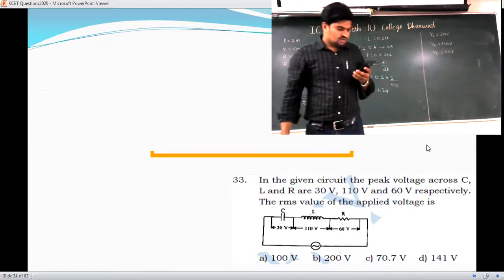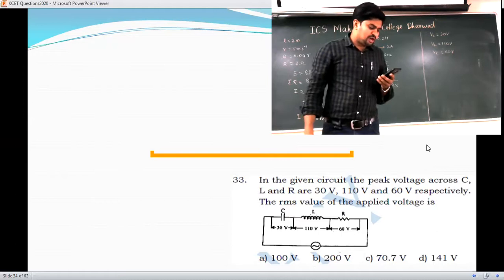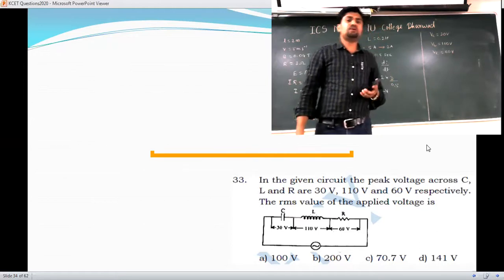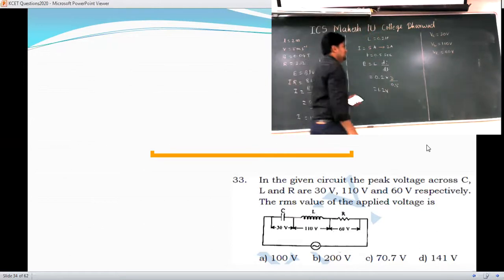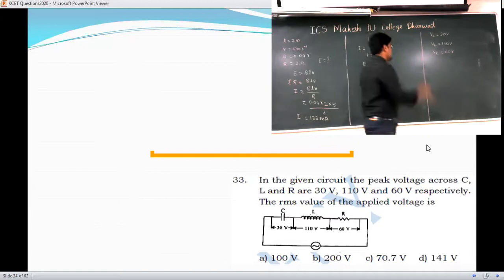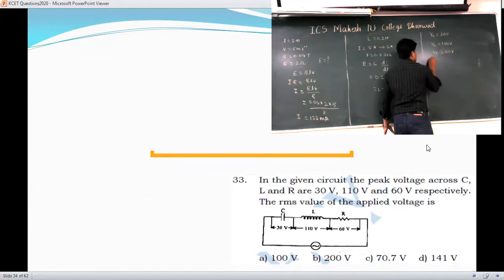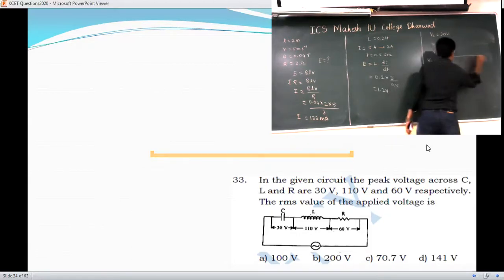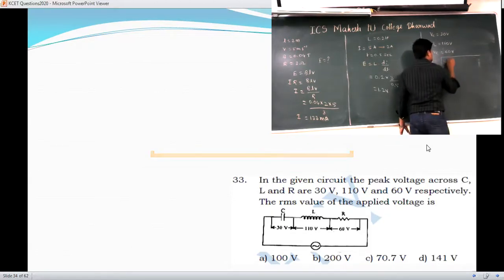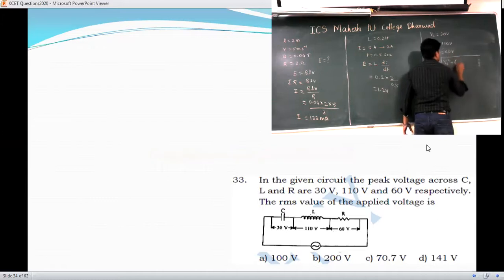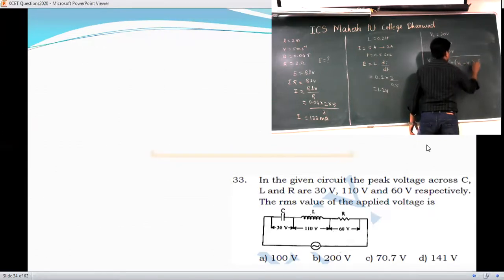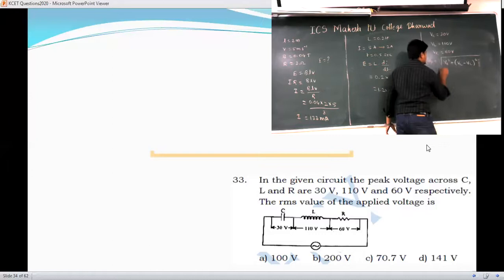Now the RMS value of the applied voltage is, you need to calculate the RMS value of that. First, if you want to calculate peak voltage, what is the formula we are having? VP, peak voltage, is equal to square root of VR square plus VL minus VC whole square. What is the value of VR? VR is 60.